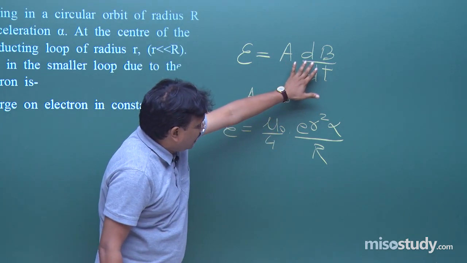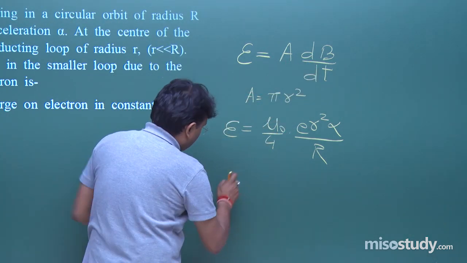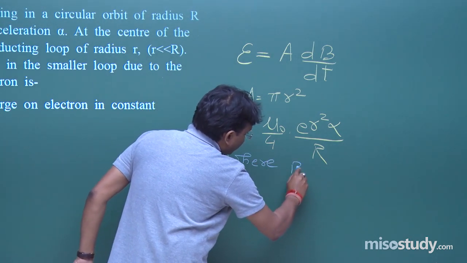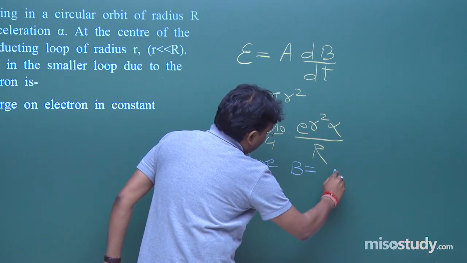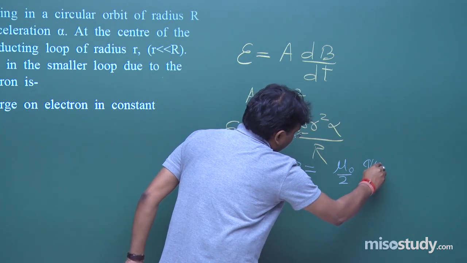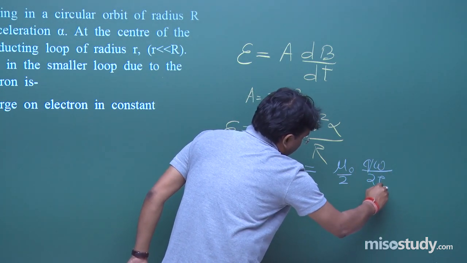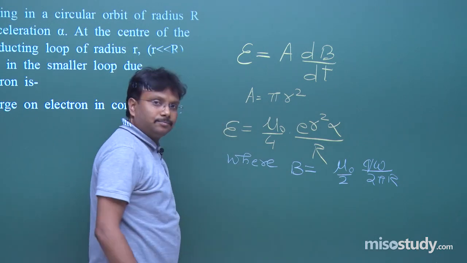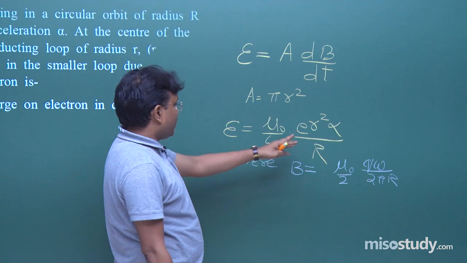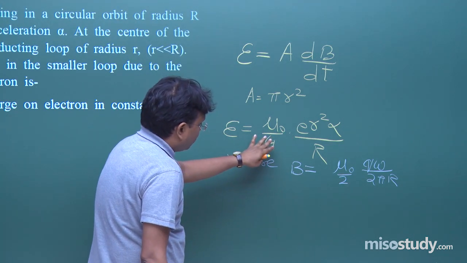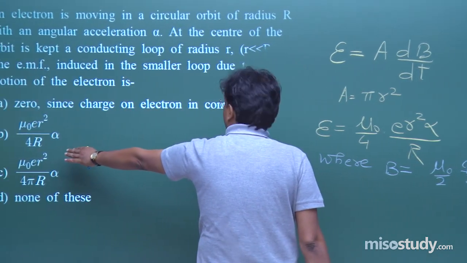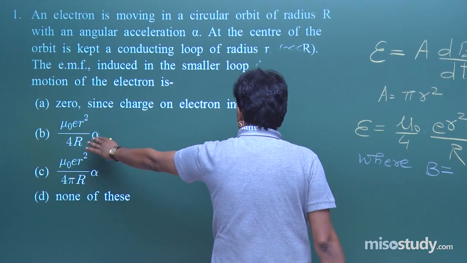I will mention the value of B, where B is equal to mu naught upon 2 into q omega upon 2 pi r. I hope now the entire explanation is clear to all of you. So, on the basis of this expression, the correct option is mu naught e r square upon 4 r into alpha.